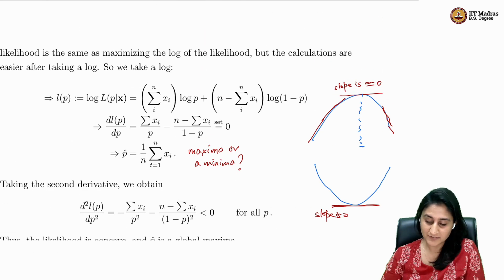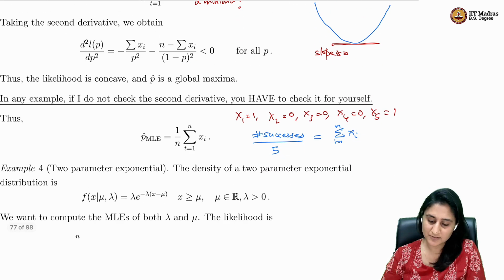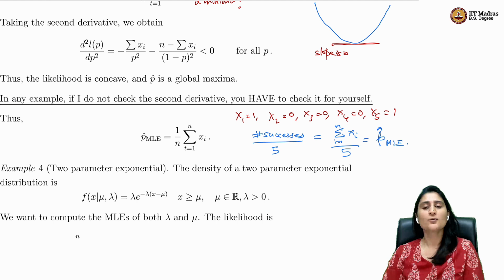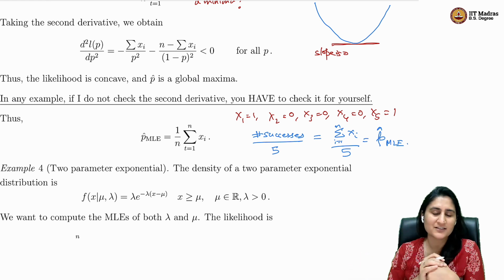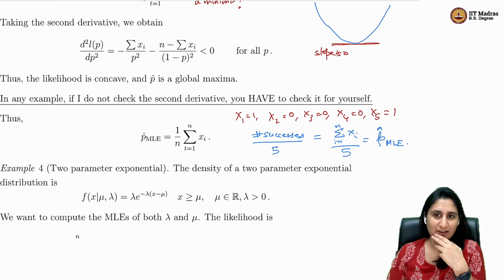So the number of successes is exactly equal to summation xi, and so this is nothing but p hat. So without knowing MLE, what you'd guess for your estimate of the probability of success would be the maximum likelihood estimator, the estimator that gives you the largest likelihood of a particular value.